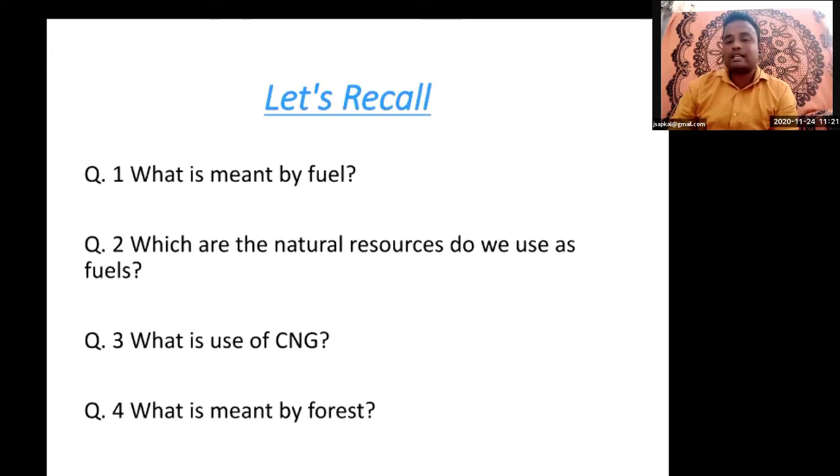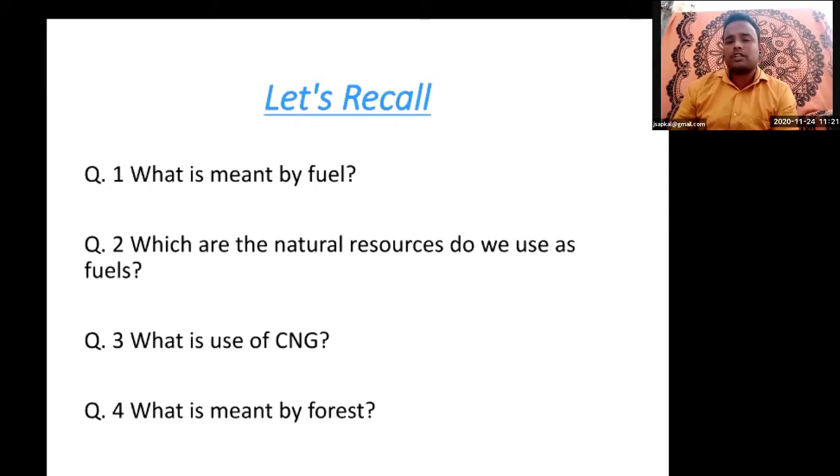These are the natural resources that we use to get energy or heat. What is CNG? CNG means compressed natural gas. That is the long form of CNG, which we use to run vehicles. Nowadays you can see many vehicles which run on CNG gas.